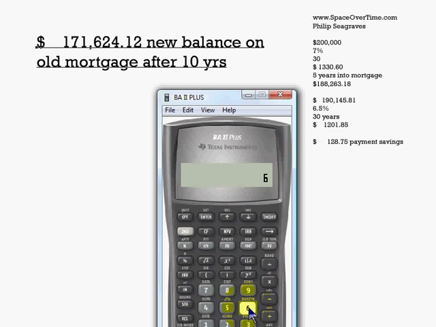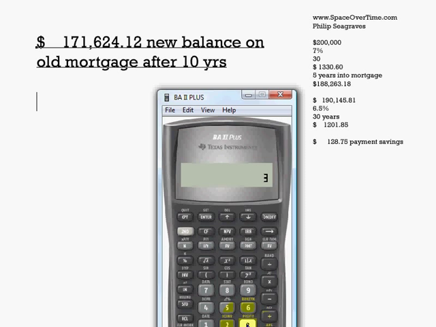And our interest rate is 6.5, and we're going to plug that into our interest rate. And now, 5 years into this mortgage, we're going to have not 360 payments, but 300 payments.